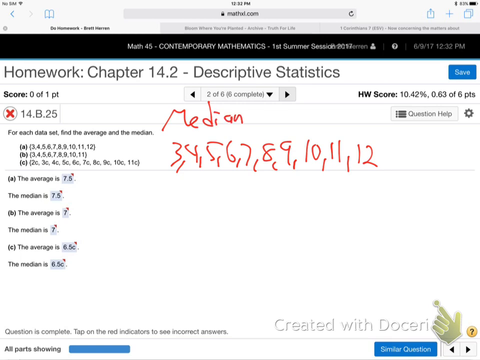Ask yourself, is there one number in the middle or two? How many numbers are up there? Count them if you're not sure. Just count them out.